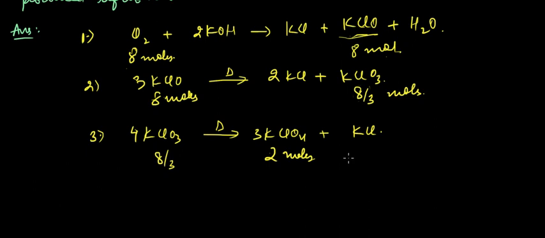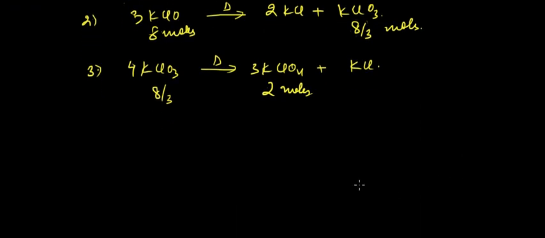So for answering part A, what weight of KClO4 would be produced, you just multiply 2 with the molar mass of KClO4, which is 138.5.